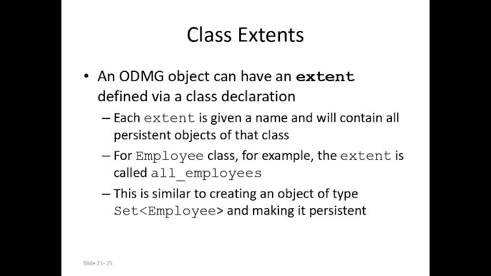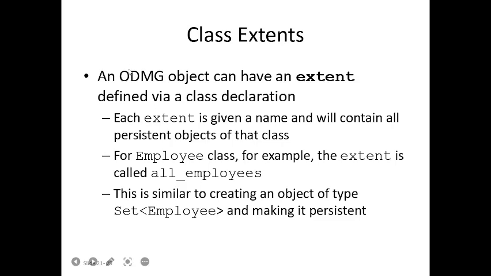The extent is given a name, and this will contain all persistent objects of that class. Hence, the extent behaves as a set object that holds all persistent objects of the class.